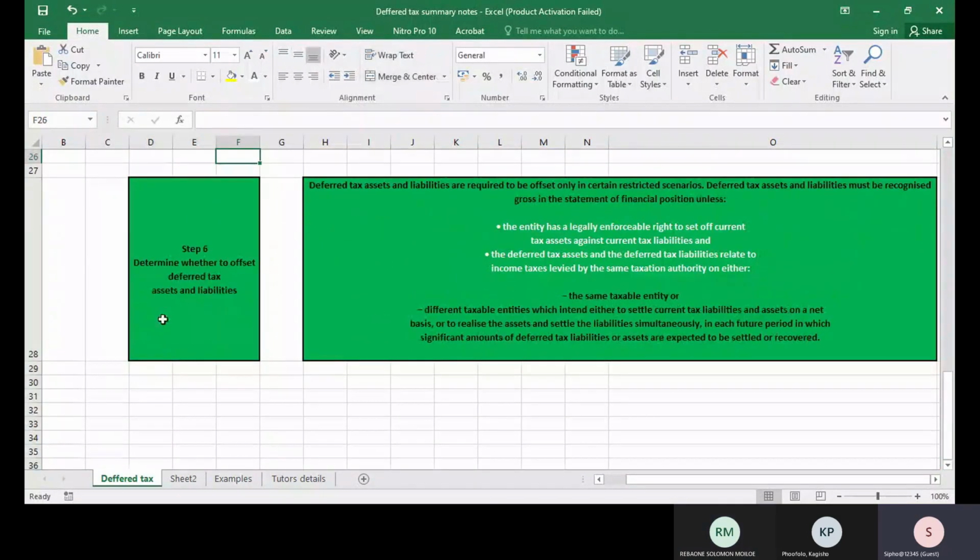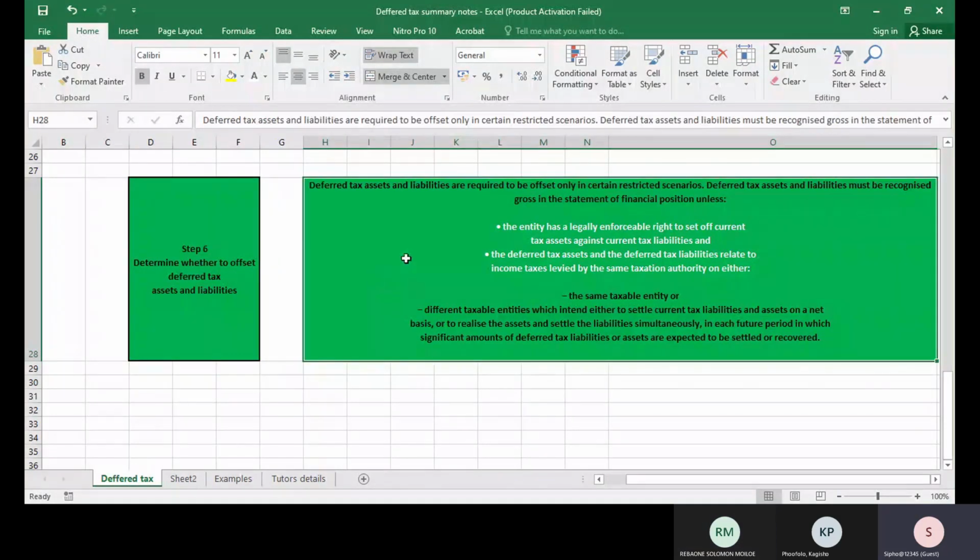And then in step 6, determine whether to offset the deferred tax assets and liabilities. The offsetting concept will only happen in certain restricted scenarios. Deferred tax assets and liabilities must be recognized gross in the statement of financial position.